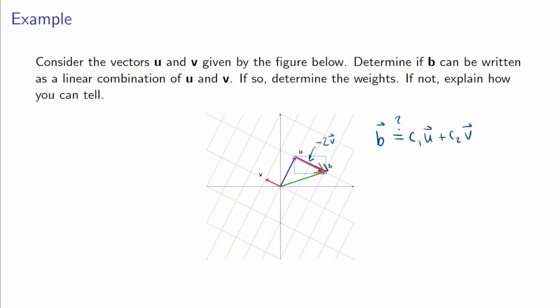So maybe that's a nicer picture of it there. You could see how that became. So the answer to this question would be, yes, the vector b can be written as a linear combination of u and v, and in particular, b equals u minus 2 times v.